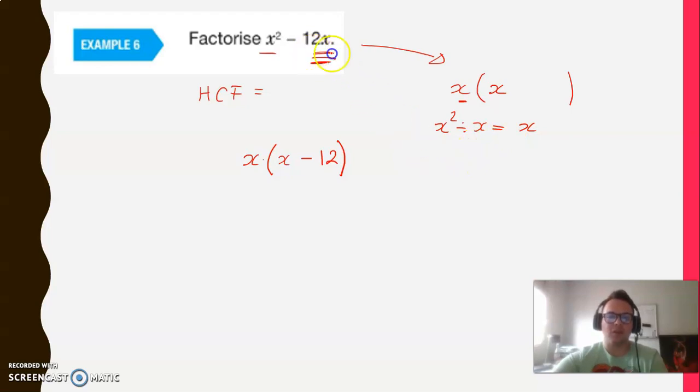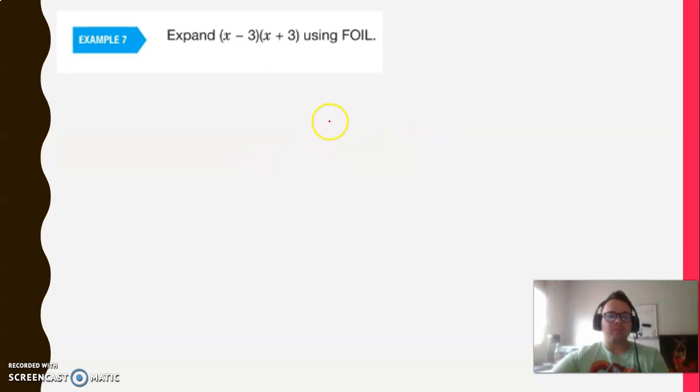Then we take the second term, 12x, and we divide it by the highest common factor, which is x. What's the answer? 12. So that's why you have a 12 there. And then this is a minus, so you will end up with a minus here. Okay, so there are, if you want to call it like that, two different approaches.